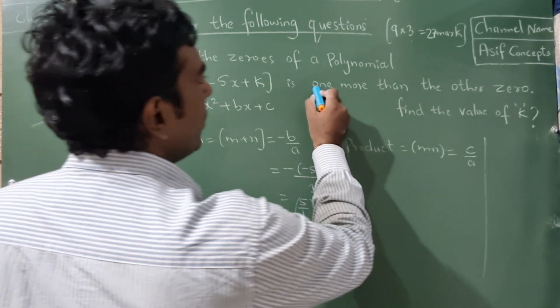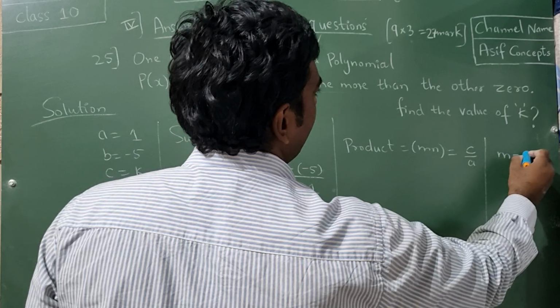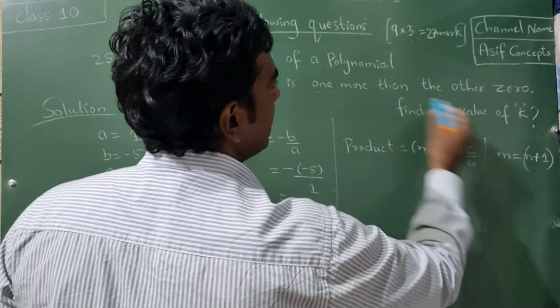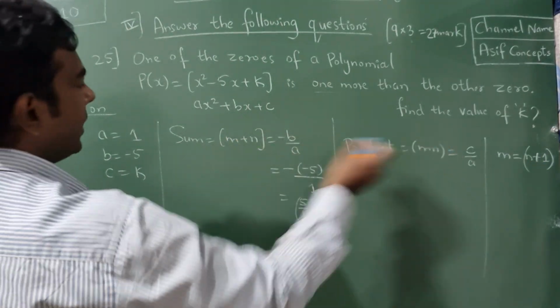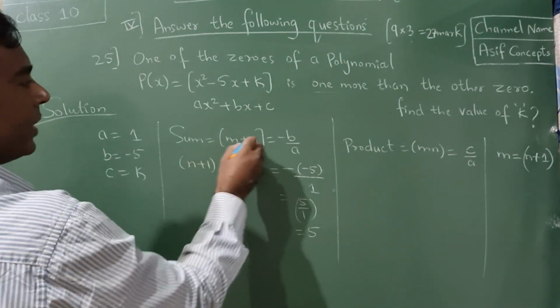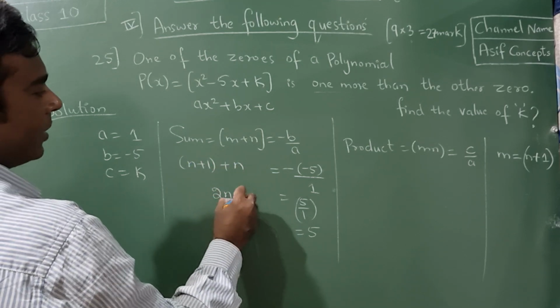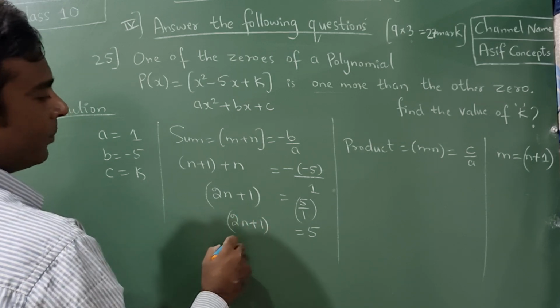Now the question says one more than the other zero, so I am going to consider m is equal to n plus 1, because it is one more than the other. So in place of m, I am going to write n plus 1. Again I am going to write n. So how many n are there? So it is 2n plus 1. So here also 2n plus 1.